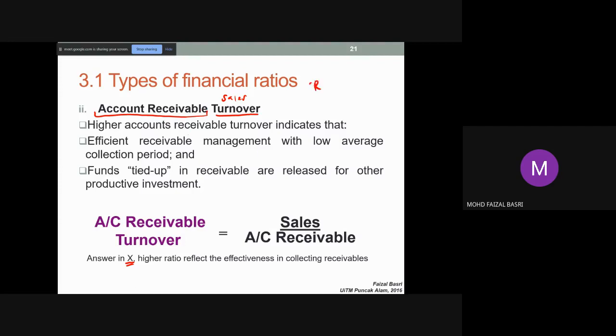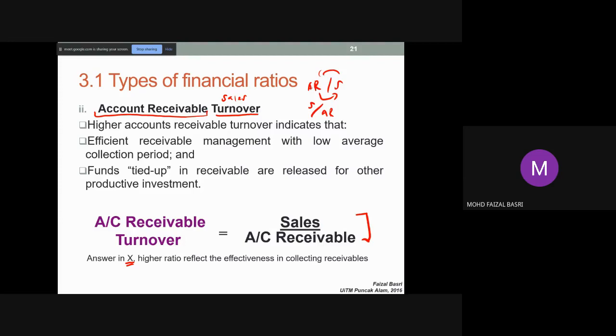Instead of account receivable by sales, you switch it over. Sales goes first, account receivable goes second. So it will be sales divided by account receivable. So that's why the formula is like this, sales divided by account receivable.